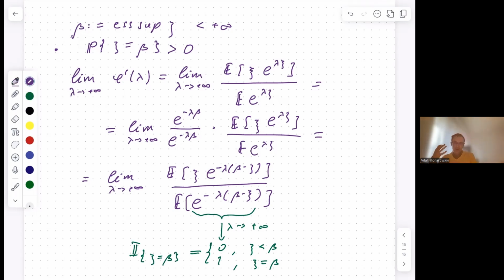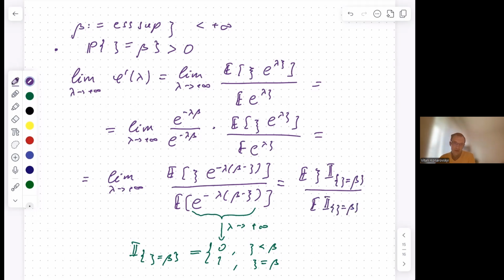Then, using the dominated convergence theorem here, or probably you can even use the monotone convergence theorem, you can come to the result that you have the expectation of Xi times the indicator that Xi is equal to beta, divided by the probability that Xi is equal to beta.